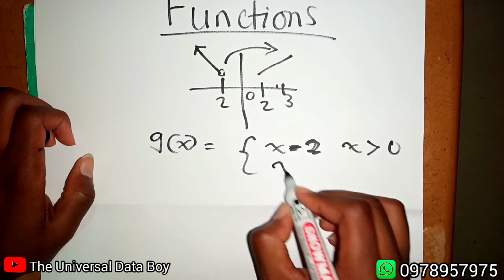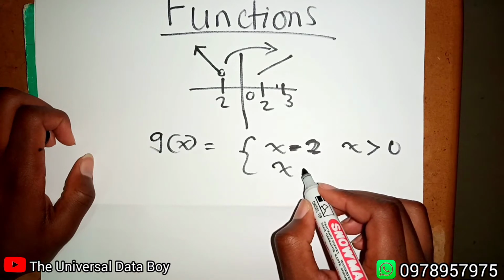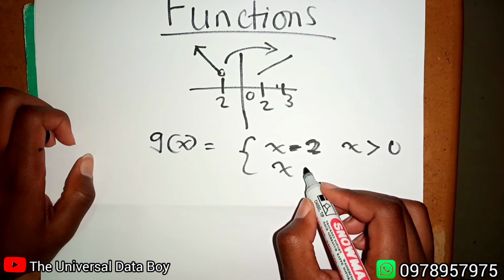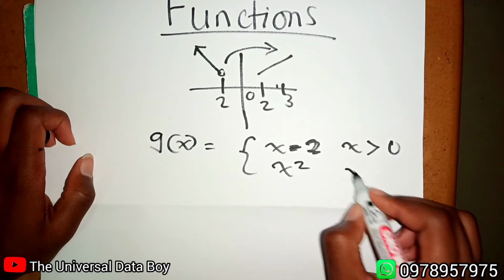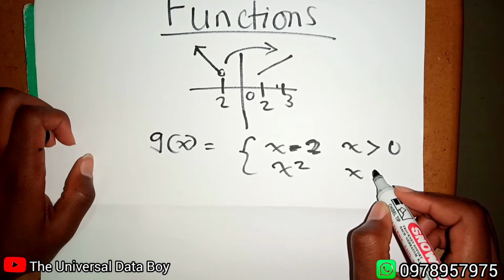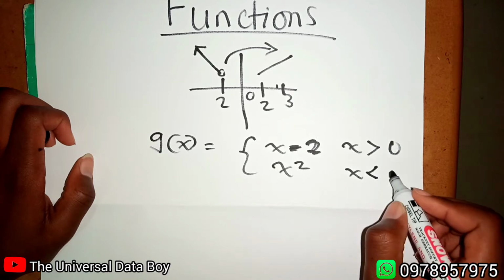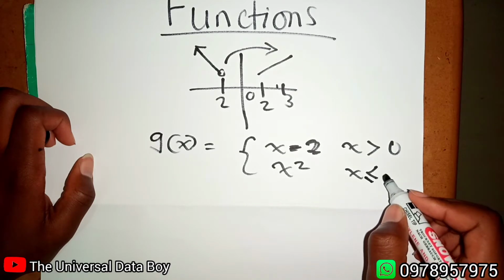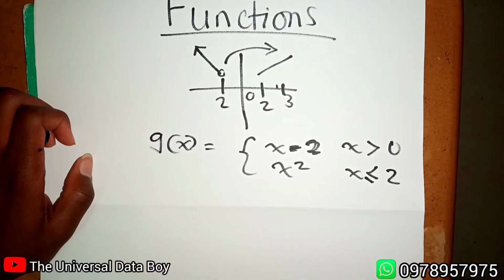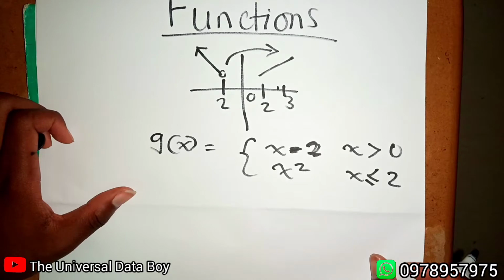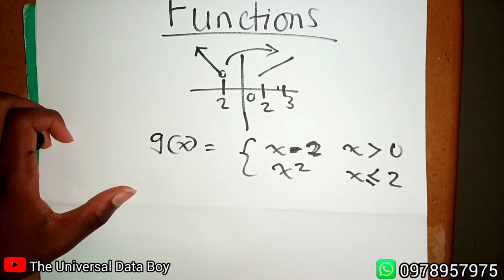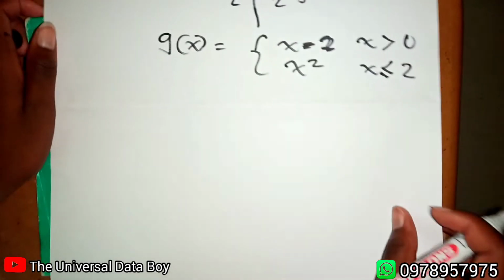Then maybe x squared when x is less than or equal to 2. I can put anything here. So now how do we graph these? How we evaluate and graph these is what I'll be talking about in this video.